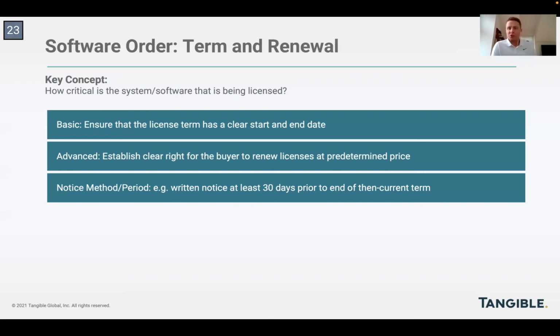If this is a business critical key piece of technology infrastructure that's being covered under a software order, your buyer client is going to really need assurances that at the end of this software order, the vendor isn't going to turn around and either pull the capability because they're moving on to some other product or jack the price unreasonably on your buyer client. So the way to protect against that is to establish key renewal rights, clear renewal rights.